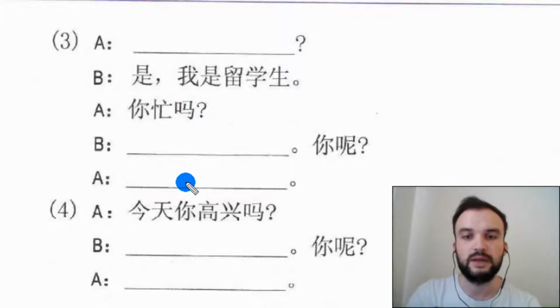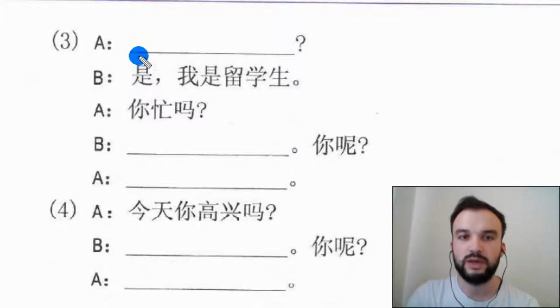Okay, let's start. First, as we see, we don't have pinyin, so we will write the tones on the characters.